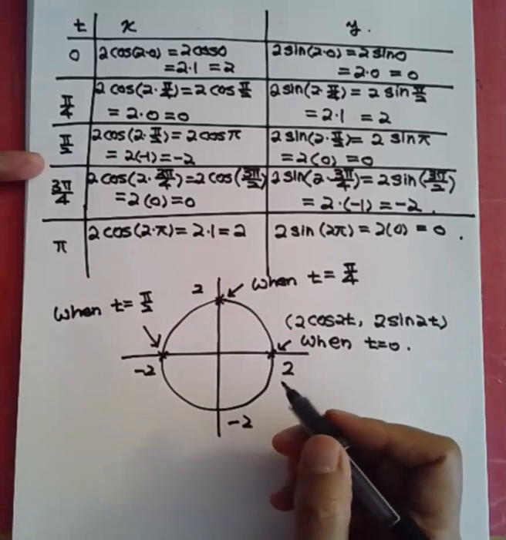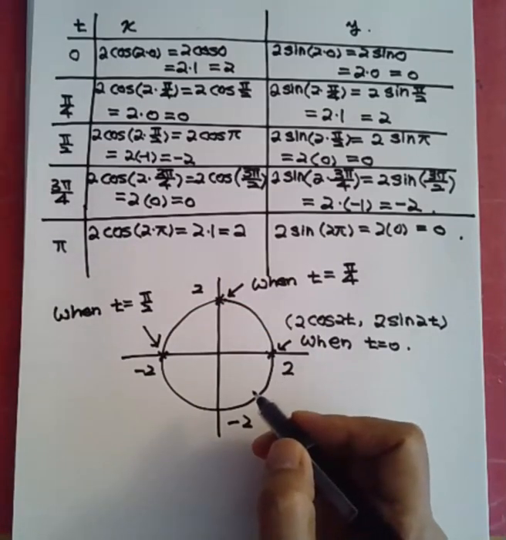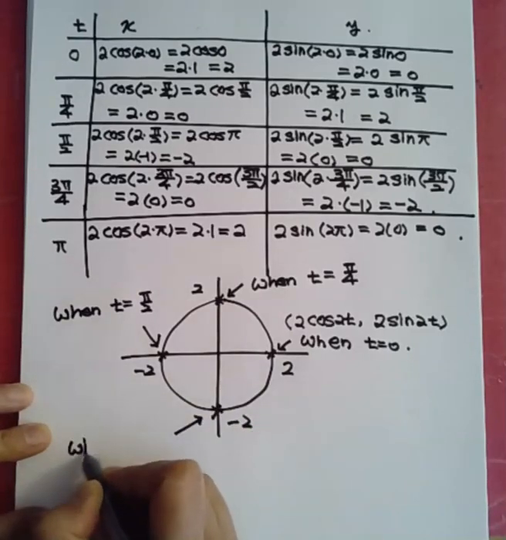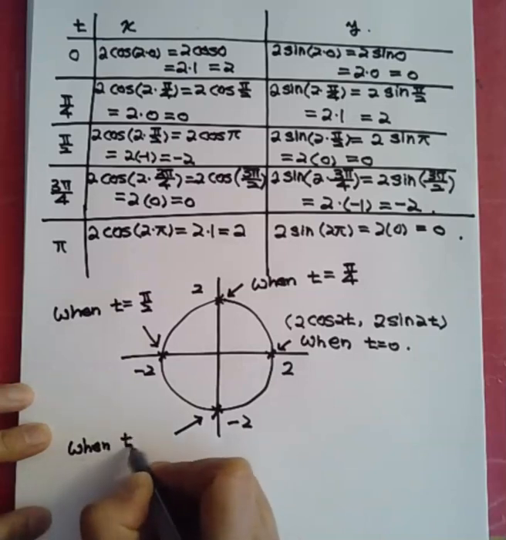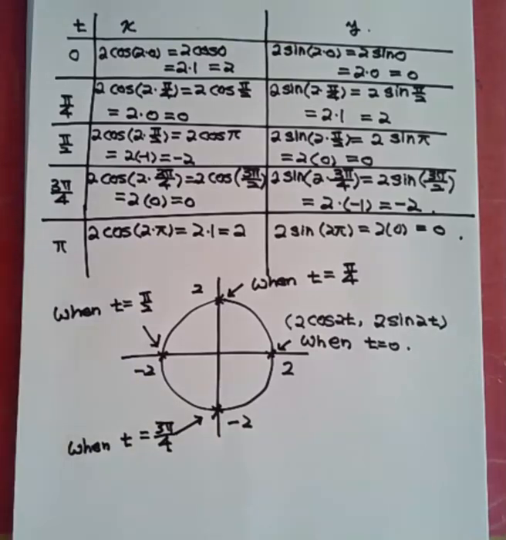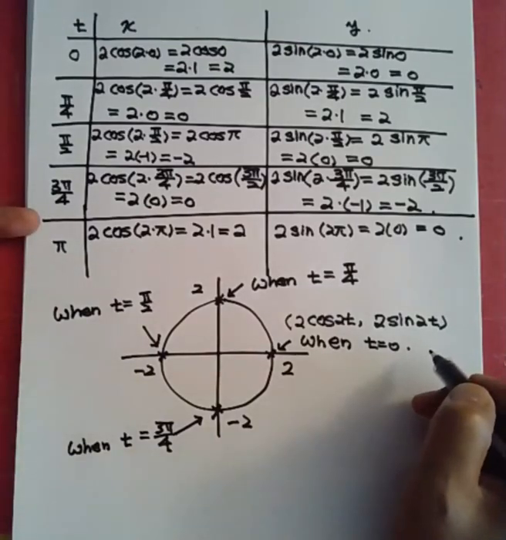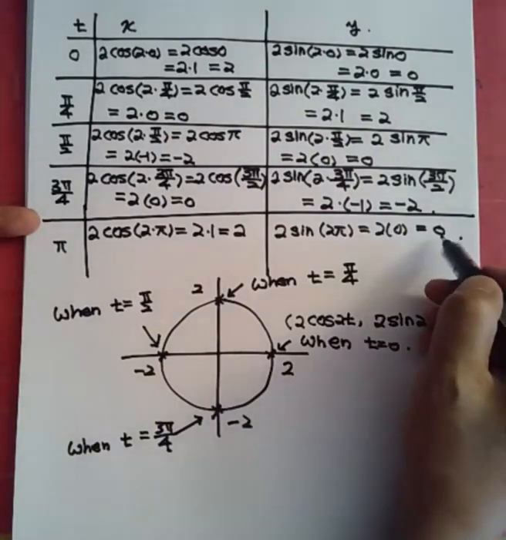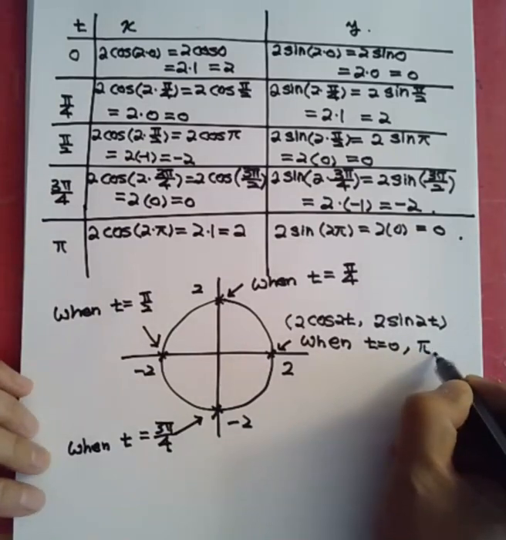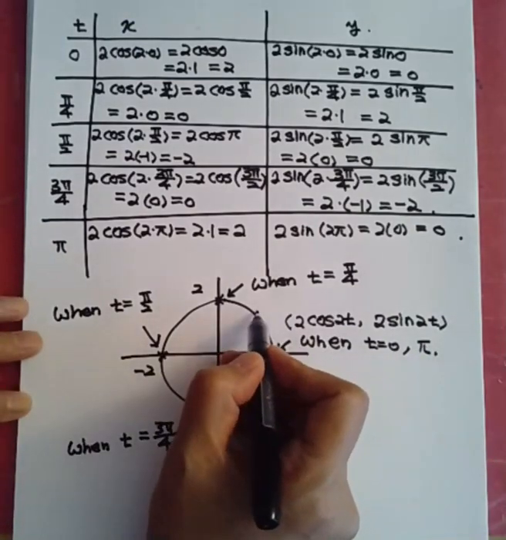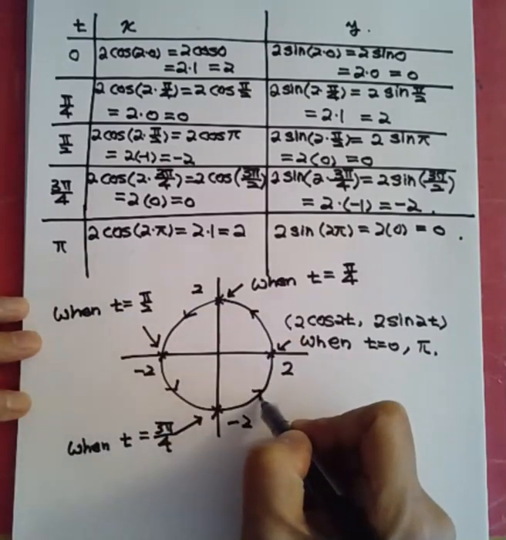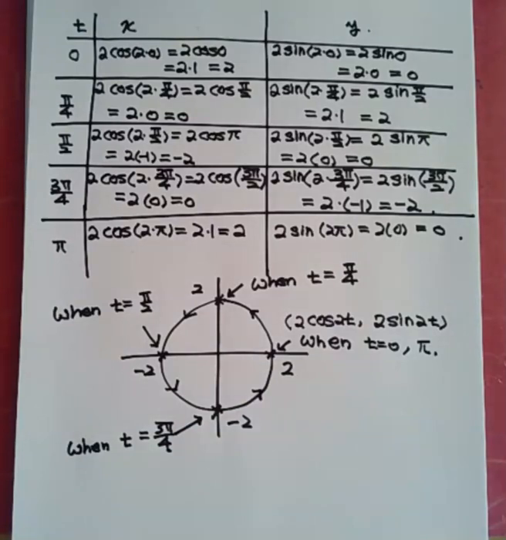When t is 3 pi over 4, x equals 0, y equals minus 2. When t is pi, we come back to 2 and 0. So we trace the circle counterclockwise.